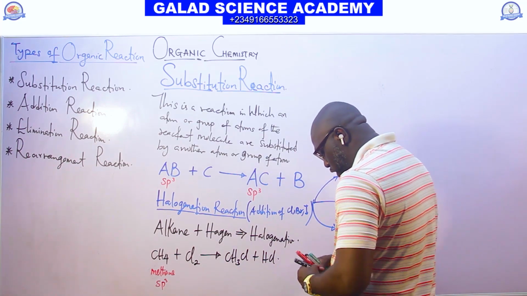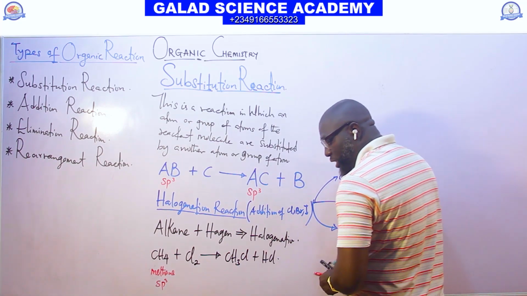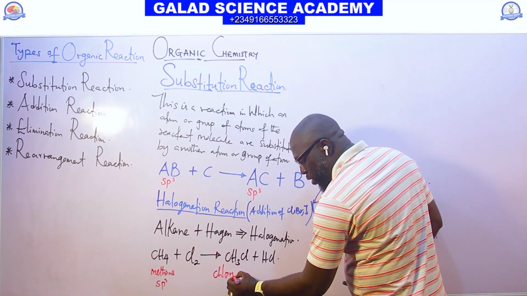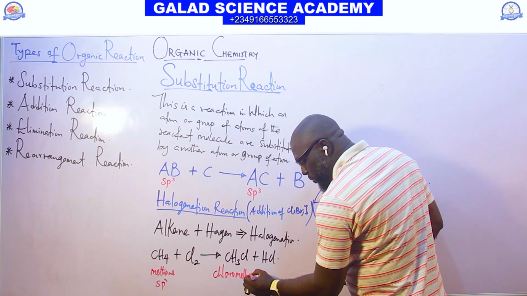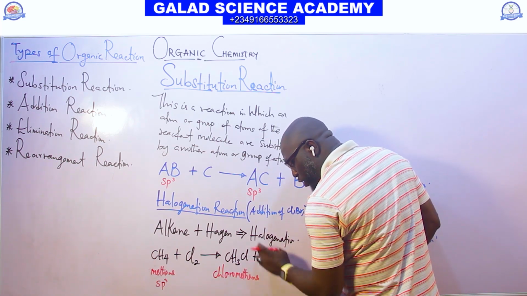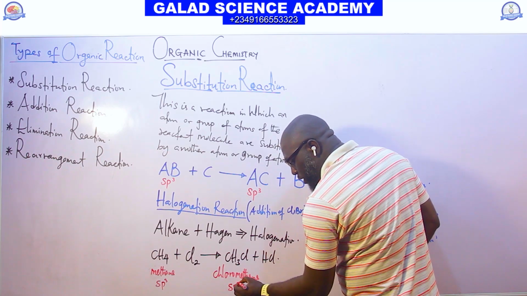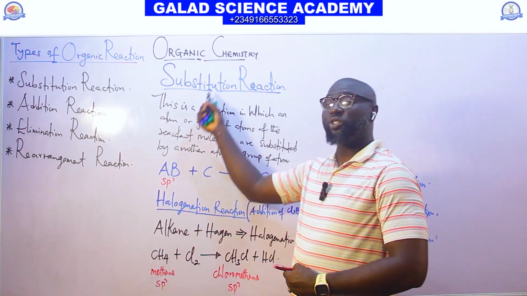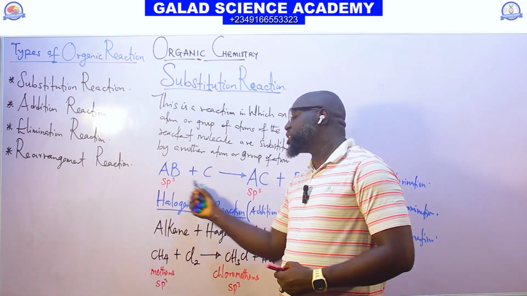It will give us chloromethane. The hybridization for this chloromethane is also sp3.